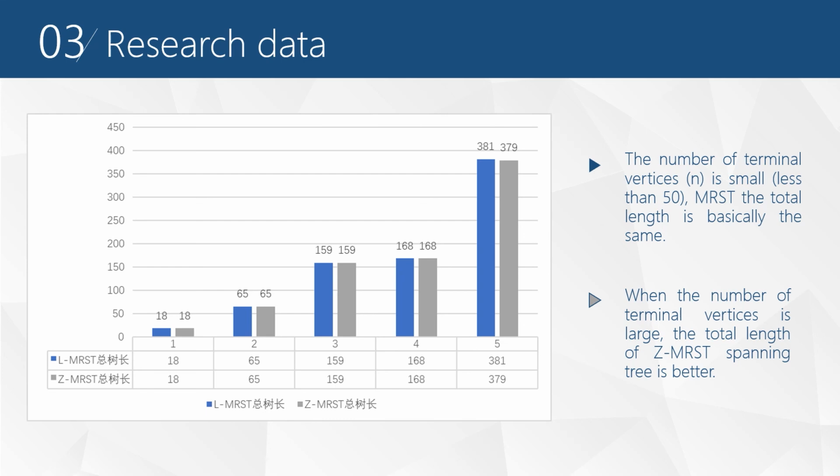And at a larger number of terminal vectors, the total length of the linear Steiner spanning tree of ZMRST is shorter, and the results are better than those of the LMRST algorithm.